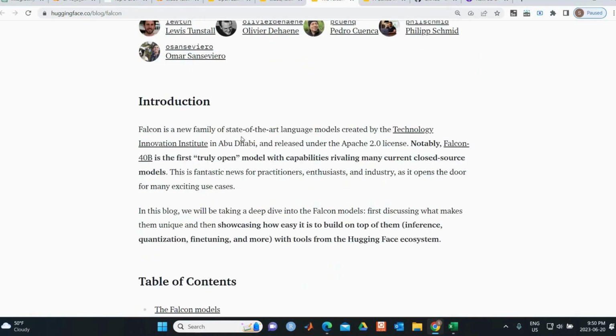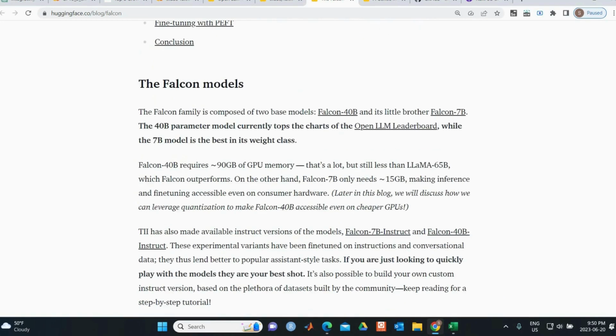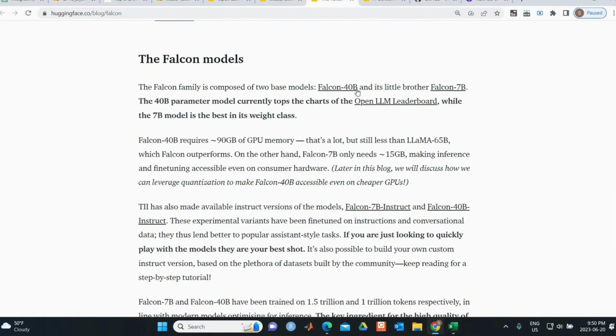Falcon is a new family of state-of-the-art language models created by the Technology Innovation Institute in Abu Dhabi, with Falcon 40B and its little brother Falcon 7B. They also mention that the 40B parameter model currently tops the Open LLM Leaderboard.